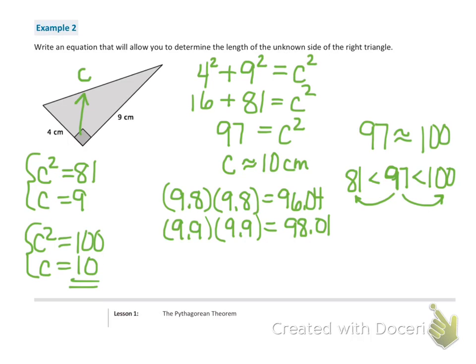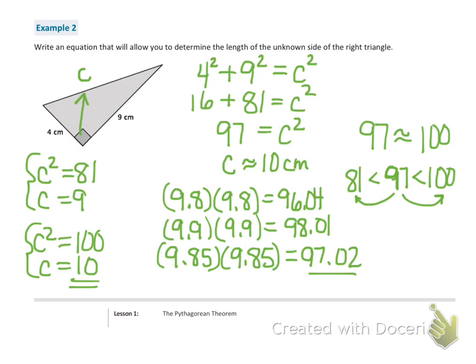I can take it one step further. Between 9.8 and 9.9, well, I've got 9.85, right? Times 9.85. Okay, and you could verify this, but this is 97, and I'll round it off at hundredths, but it's 97.02. All right, so now we have gotten pretty close, within a hundredth, to our target here.